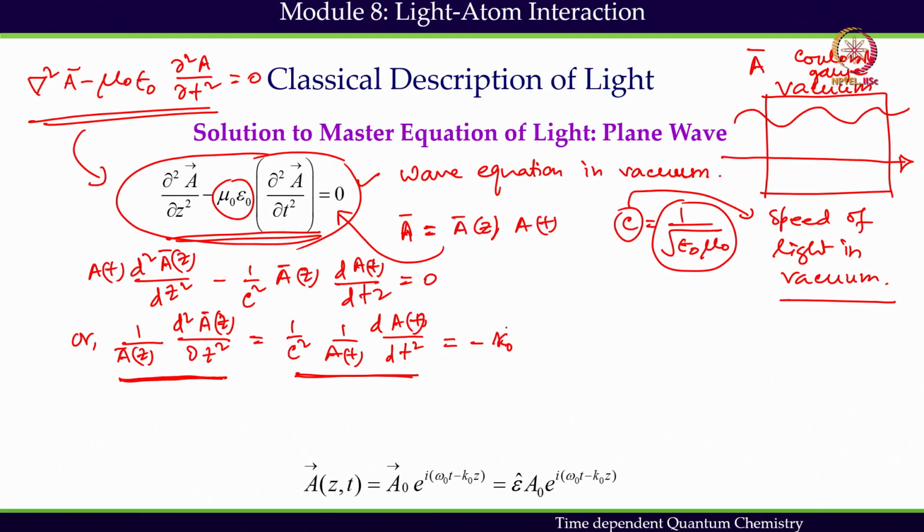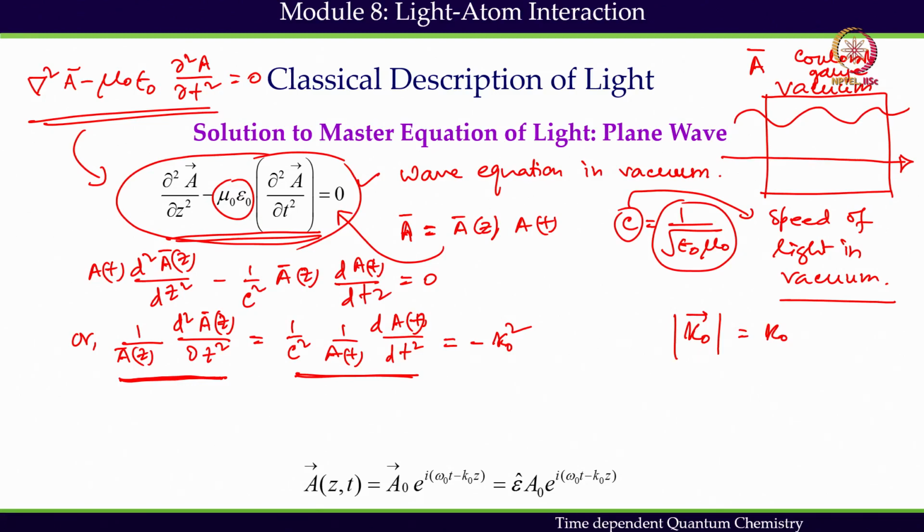The same logic we used previously, and the constant we are selecting to be minus k naught square. Later we will find out that k naught is actually representing the wave vector, or the magnitude of the wave vector.